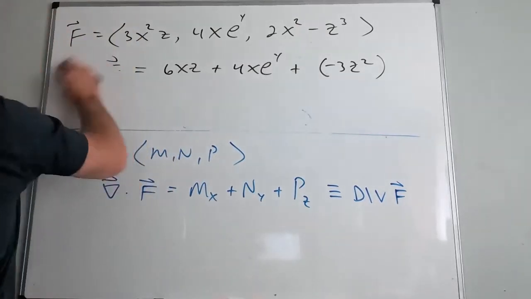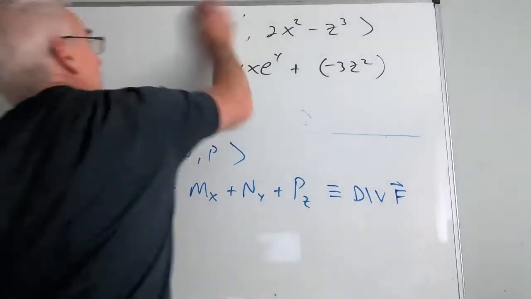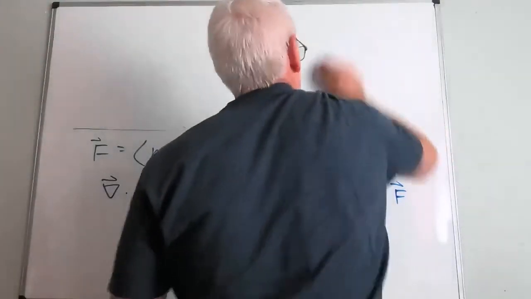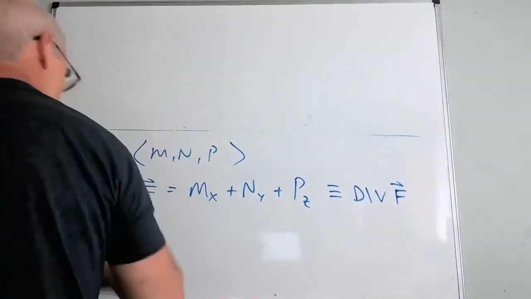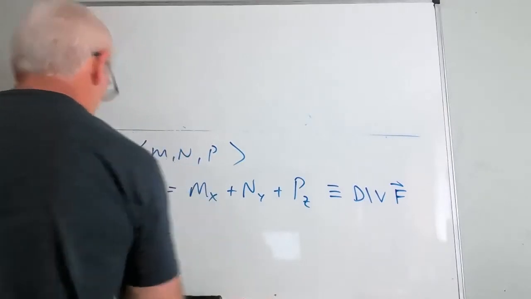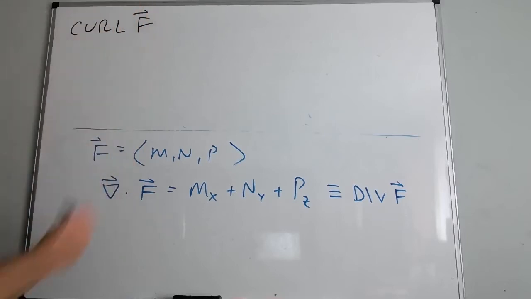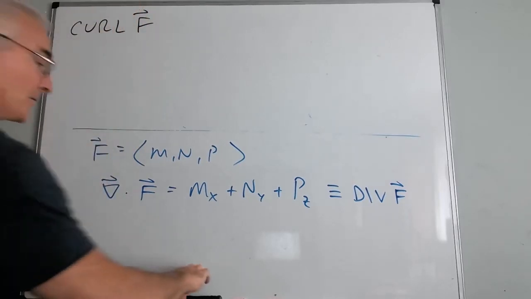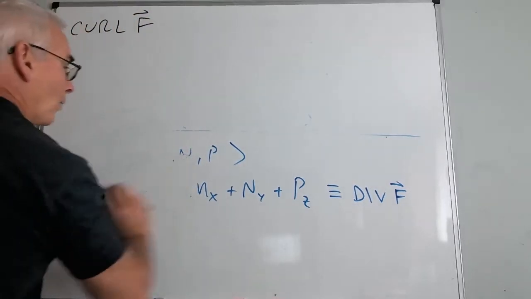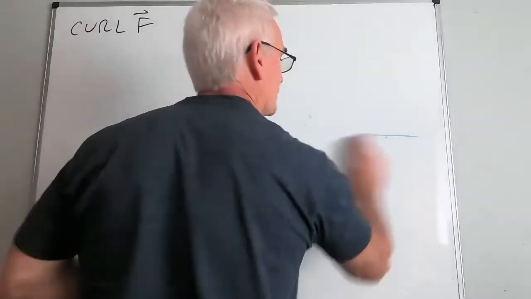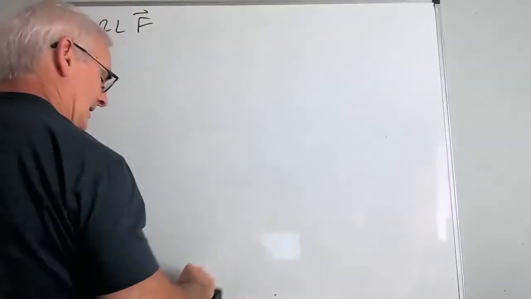Now the next one we're going to do is the more complicated. Now we're going to define something called the curl of a vector. Now the curl of a vector is another vector. And where this comes into play is with, well, the name curl kind of implies, you know, I'm going around something, I'm curling.